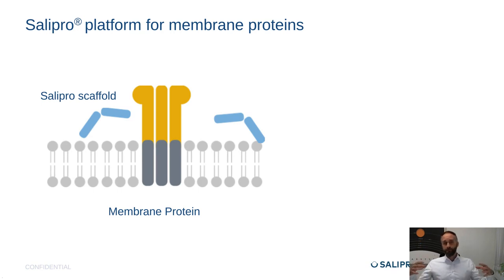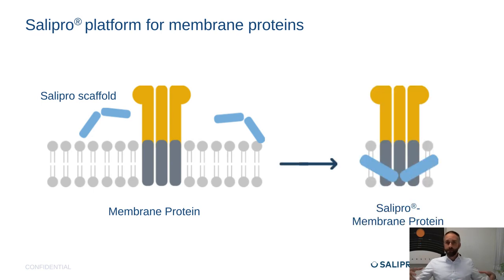This scaffold protein grabs the membrane protein together with some of the lipids surrounding it, scoops them out, and forms a complex which contains the membrane protein, a number of lipids, and the Salipro scaffold, which holds everything together in a ring-shaped format.